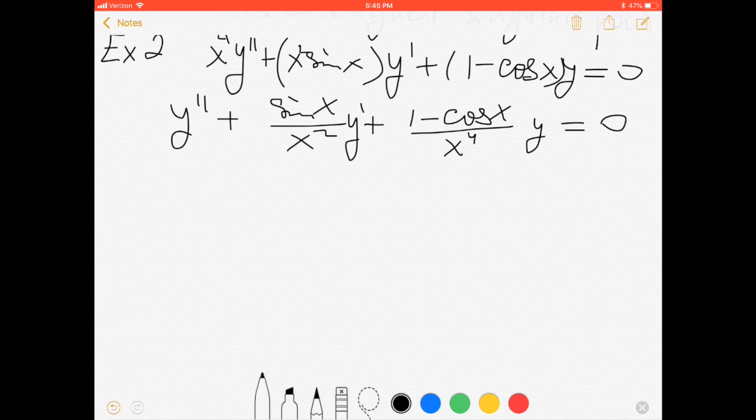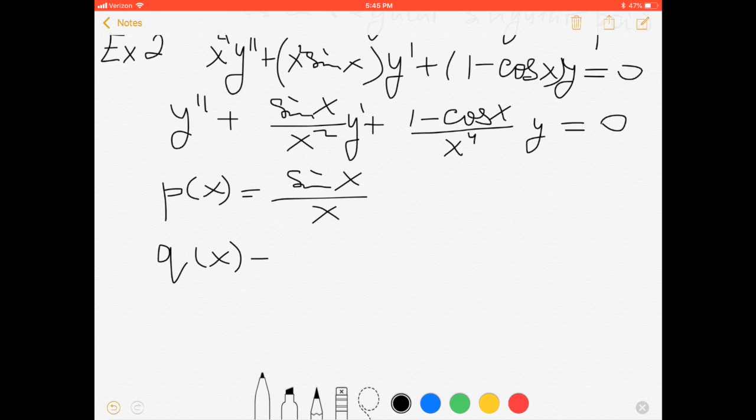Remember the definition of p and q. We have small p(x), which will be sine x over x, and small q(x), which will be (1 minus cosine x) over x squared.